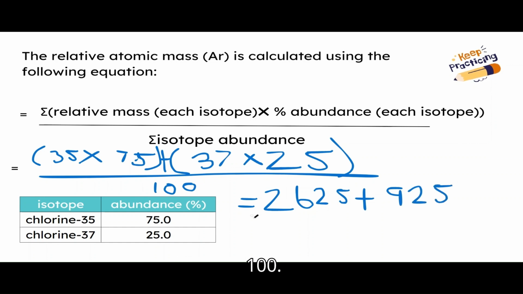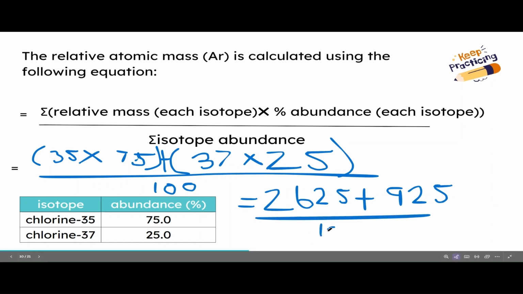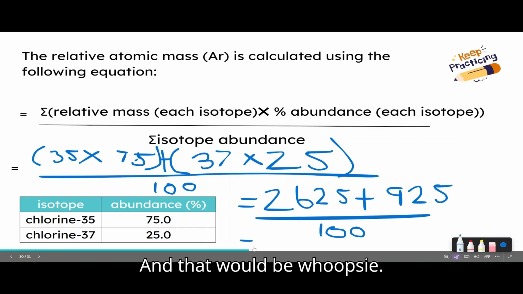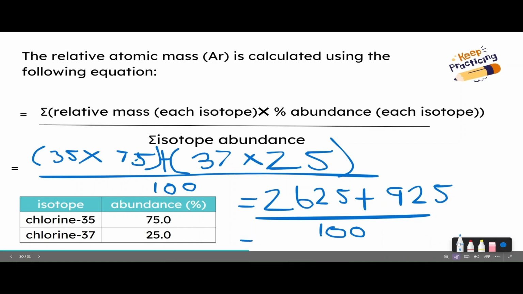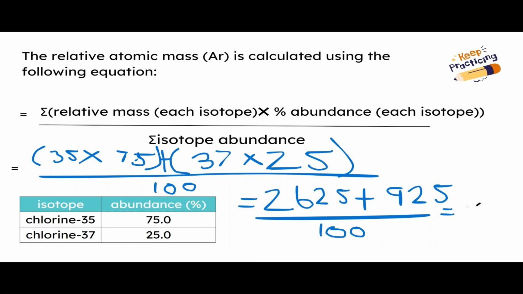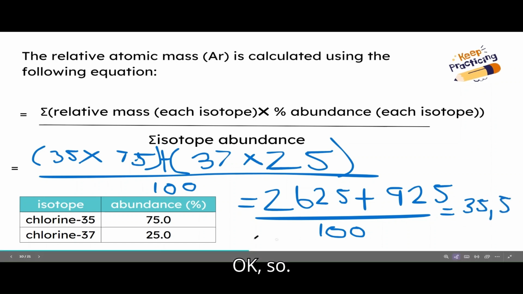Remember, divide by 100. And that would give us 35.5.